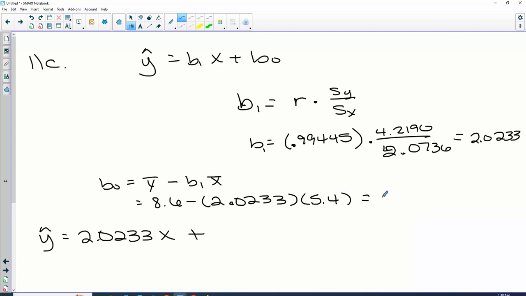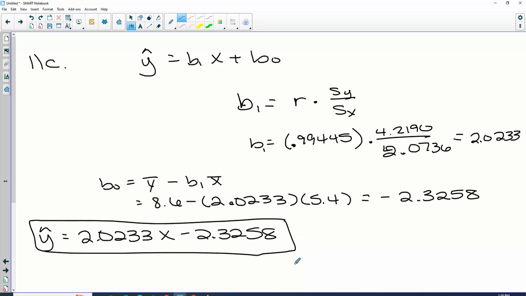So this is really just a matter of being able to read those formulas and understand what they're asking us to do. So that's our y-intercept, so plus a negative, or you could put minus 0.325. So that is our regression.